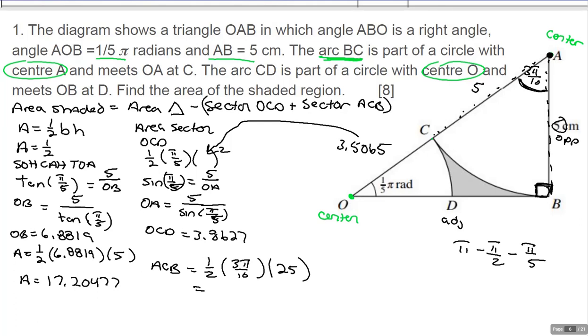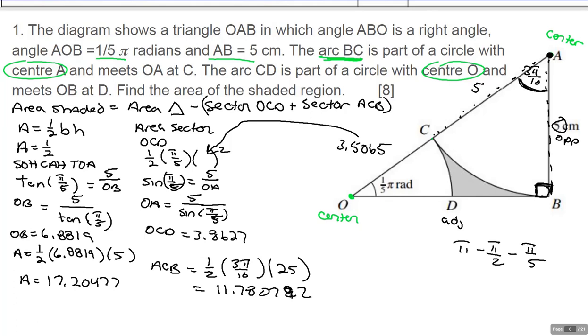I got 15 over 4 pi. Can you make it a decimal for me? 11.7809. Oops, hang on. 792, something like that. Yeah. Okay, I'm with you on that.